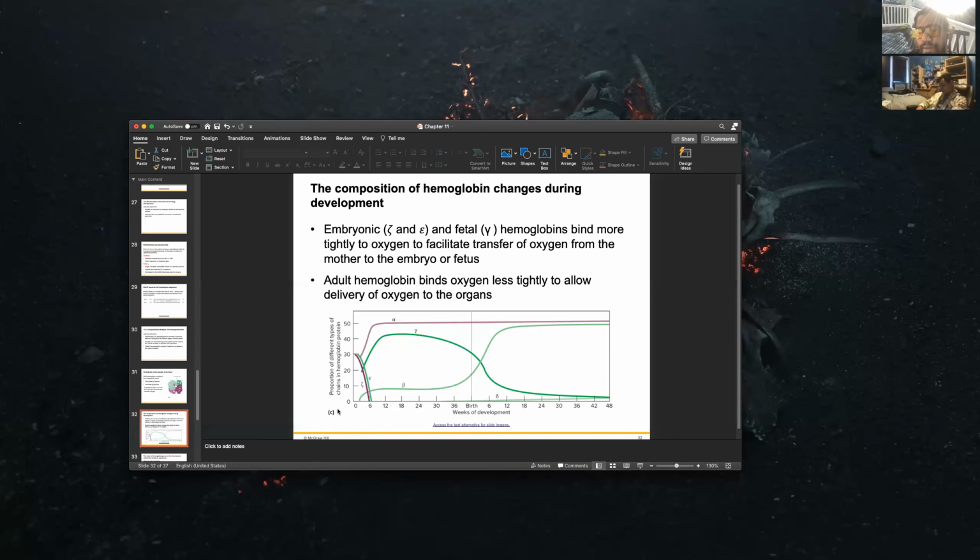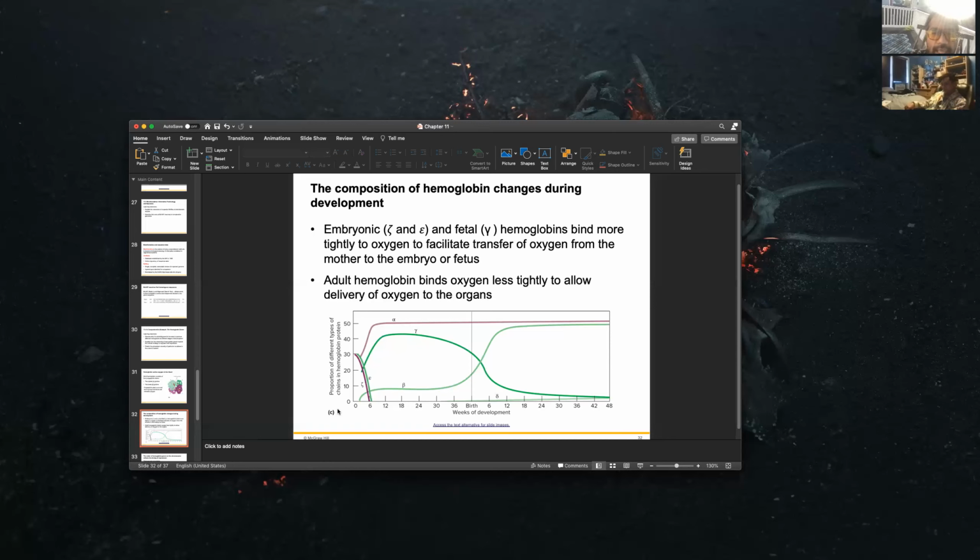So when our blood goes to the fetus, our hemoglobin gives up its oxygen to the baby's hemoglobin. So you see, this is a graph of weeks of development and the proportion of these types of hemoglobin. You see how the embryonic one, from 0 weeks of development, is like 30% of it, to 6 weeks, it's 0, right?